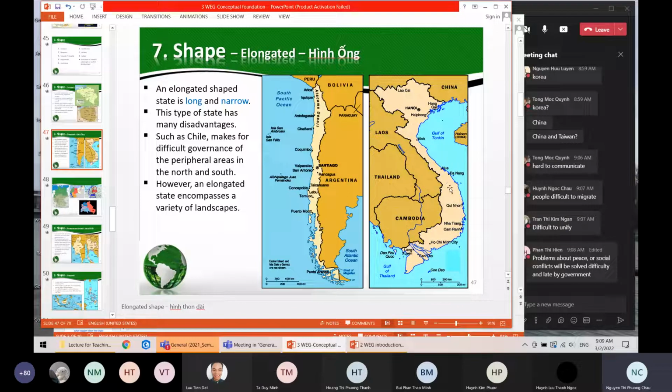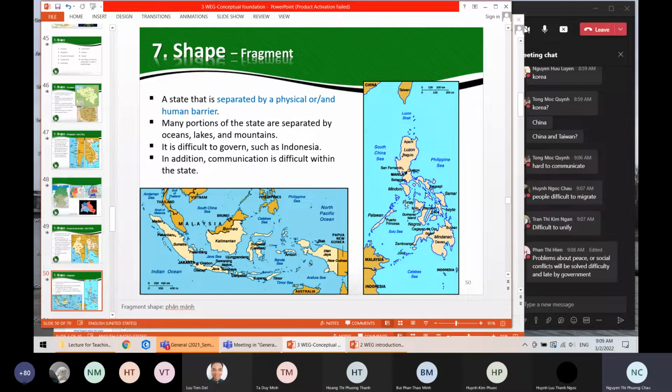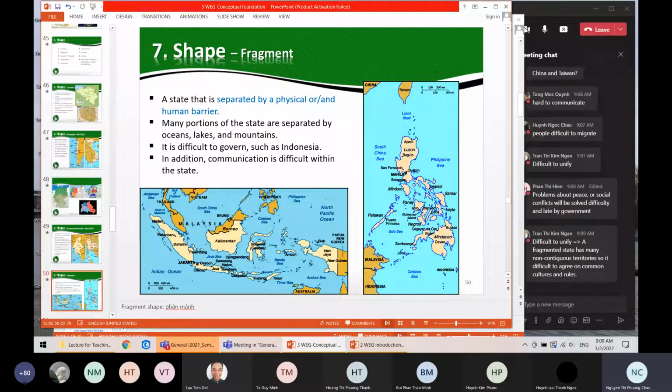The government finds it difficult to control, with such far distance and separation. People from one island do something that the government doesn't know, and that brings many problems, like you mentioned, social problems. Social conflicts, yes, and social conflicts can be in other regions.